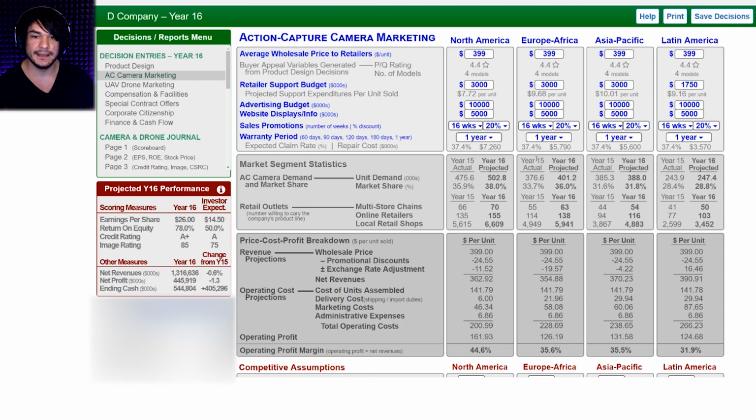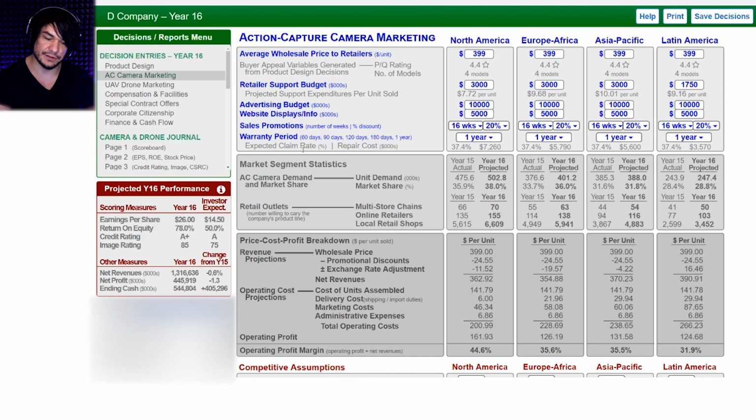That's important. But you want to make sure you're not overspending on your marketing expenses, which are the advertising budget right here. You don't want to go bonkers here. Also very important is the price that you're offering your products at.